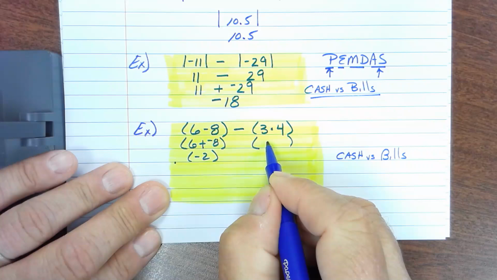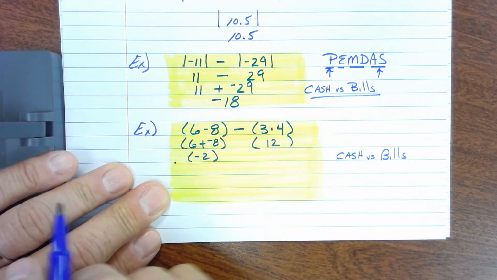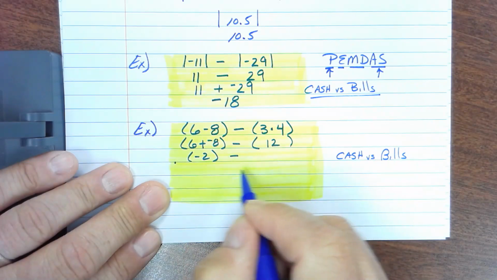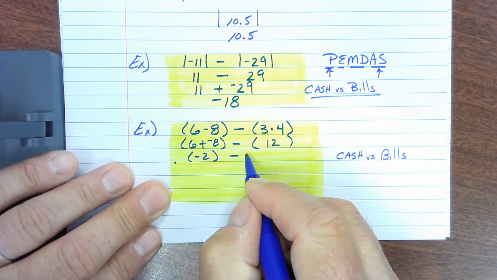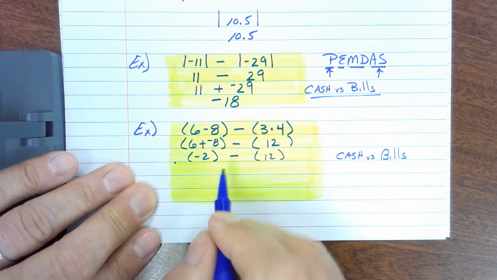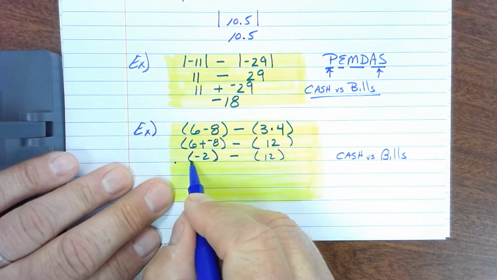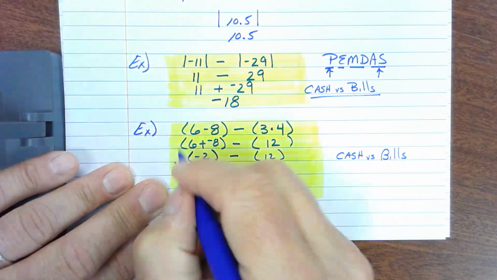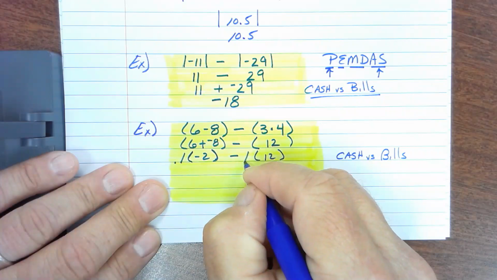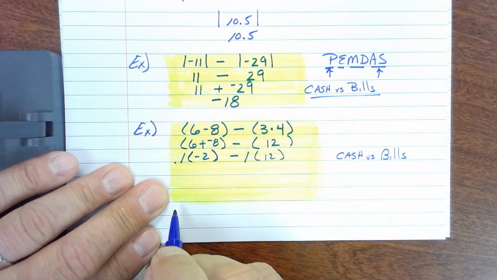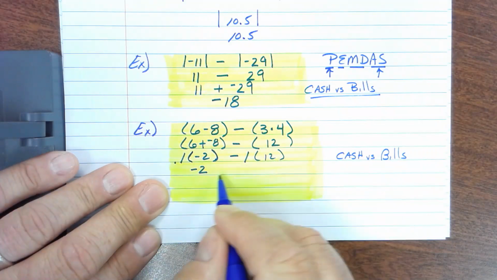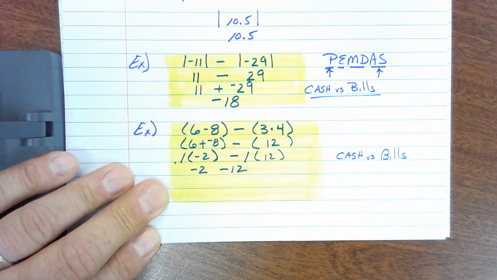Inside these parentheses, I can multiply. And I'll bring it down so that I'm on the same line. Now, I've told you before, these parentheses mean to multiply. So I'm going to use that multiplication property, identity over here, multiplication property of negative 1 over here, and 1 times negative 2 is negative 2, and negative 1 times 12 is negative 12.